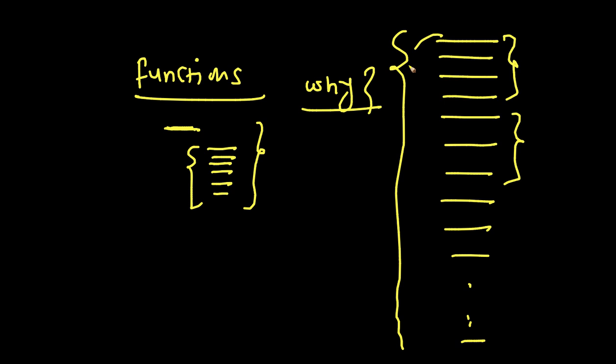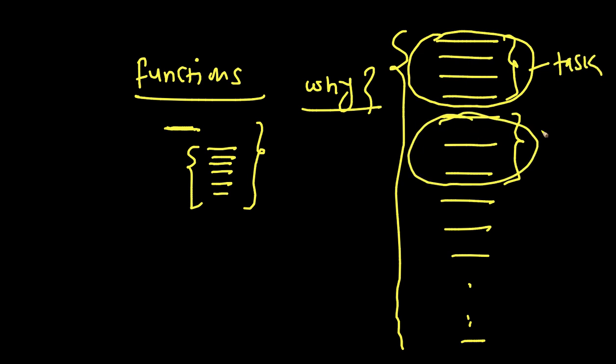For example, this is one module performing task 1, and another chunk is performing another task. We name this chunk function 1, this chunk function 2, and so on. So we convert the big program into smaller modules, each performing a different task, and each module is called a function.